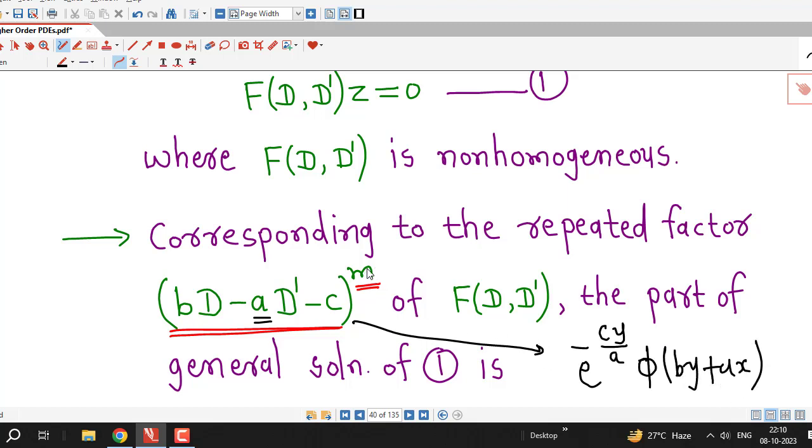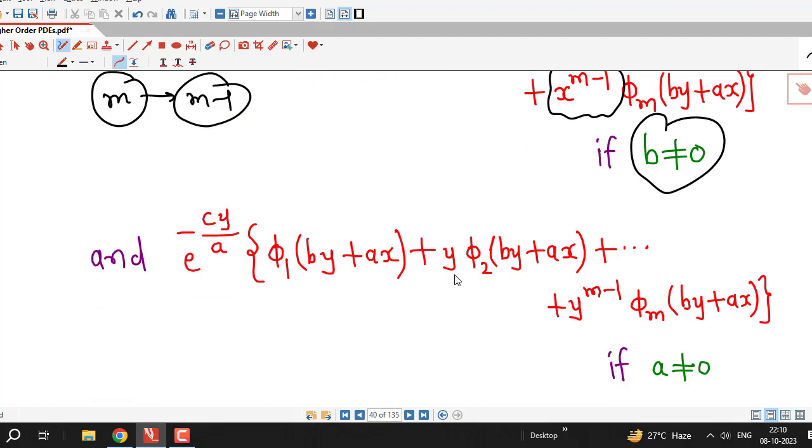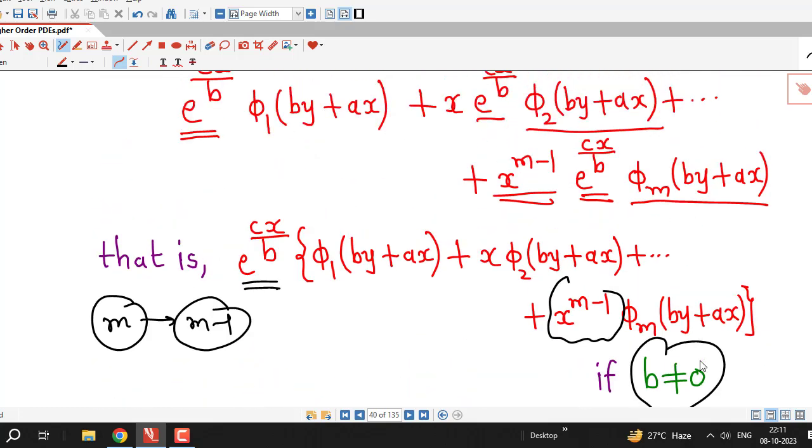And if we have a repeated linear factor, then here we will multiply by powers of y. So instead of x, now we have e raised to minus cy over a times an arbitrary function of by plus ax, plus y times an arbitrary function of by plus ax, and so on, up to y raised to m minus 1 times an arbitrary function of by plus ax, if a is non-zero.